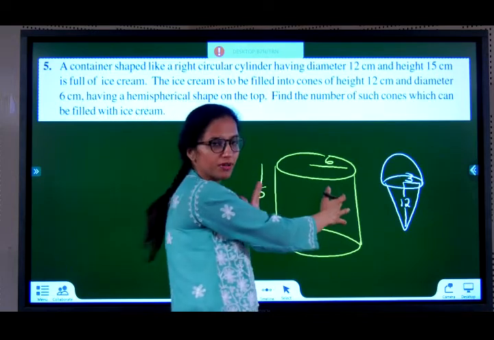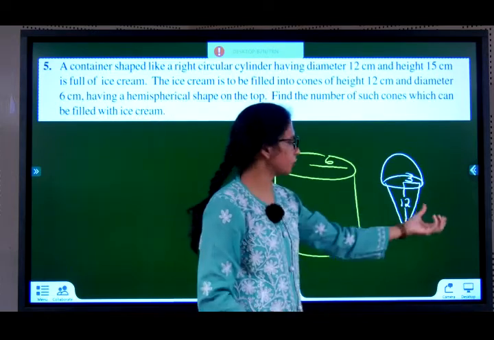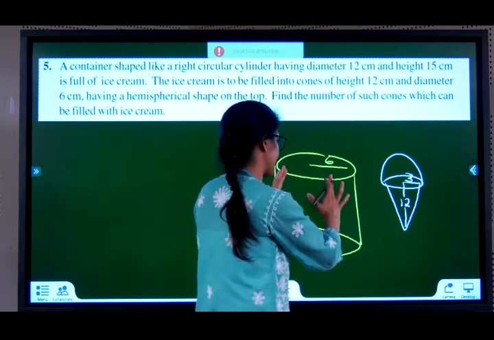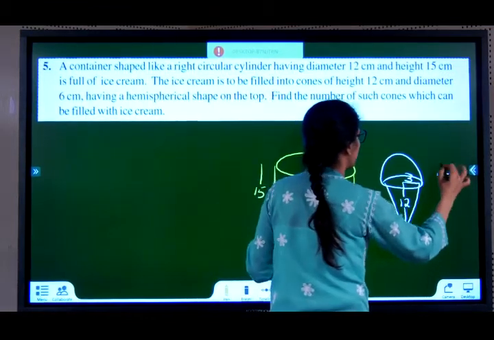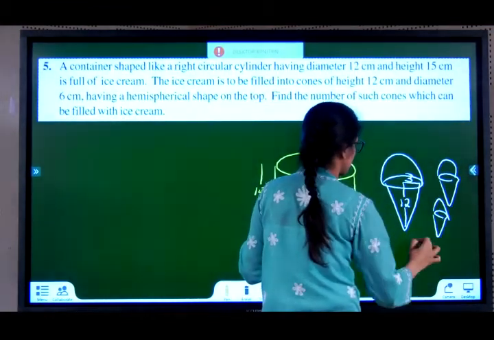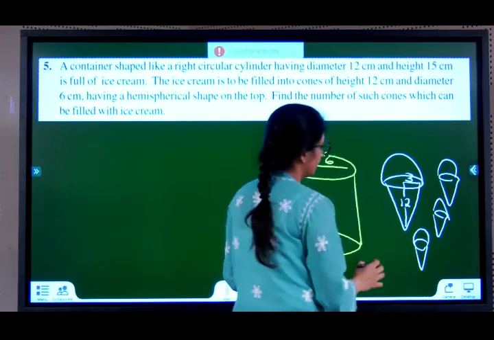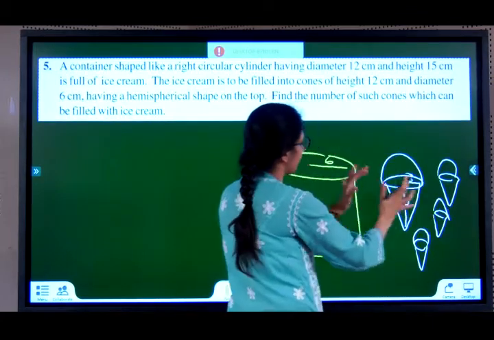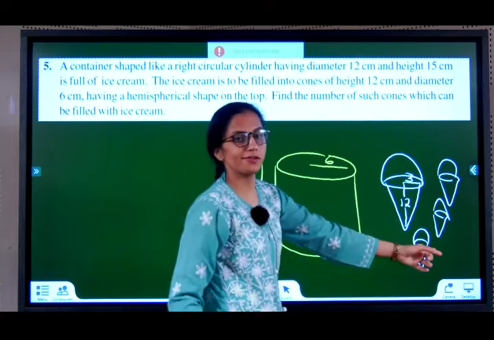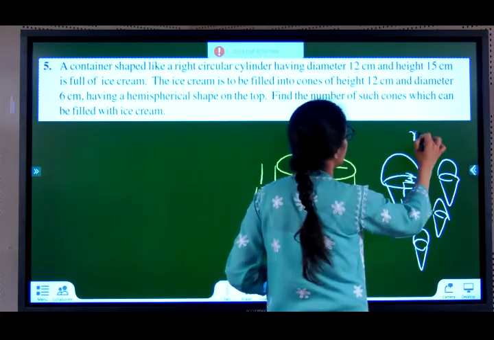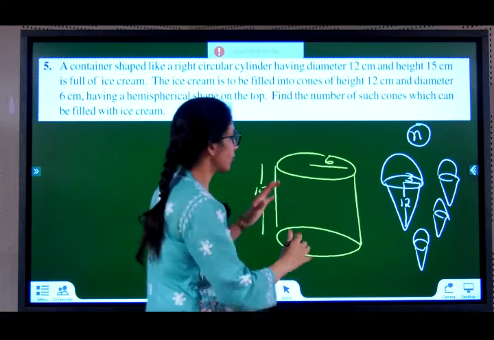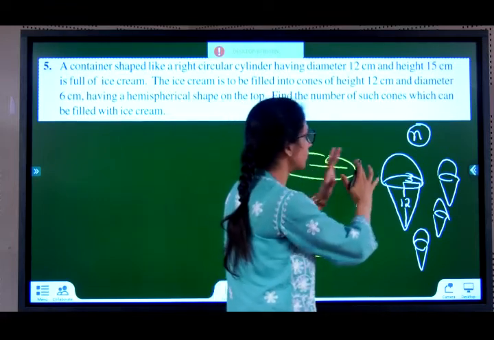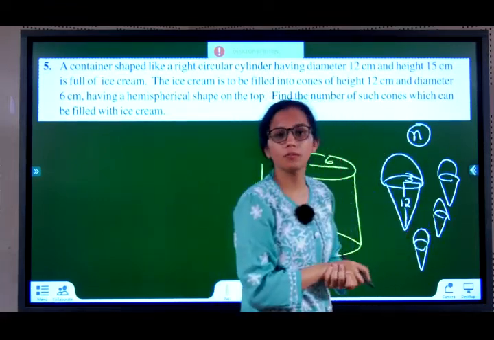See, such a big tub of ice cream, I can obviously fill many cones, but all this ice cream together will be equal to the volume of all the cones. Meaning, all this ice cream is coming from this. How many ice cream cones do you have? We don't know. Let's say there are n ice cream cones. So I can say volume of the tub is equal to the volume of all n ice cream cones put together.